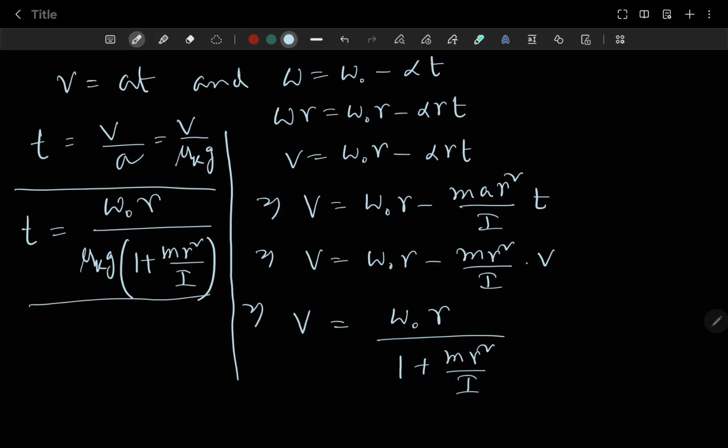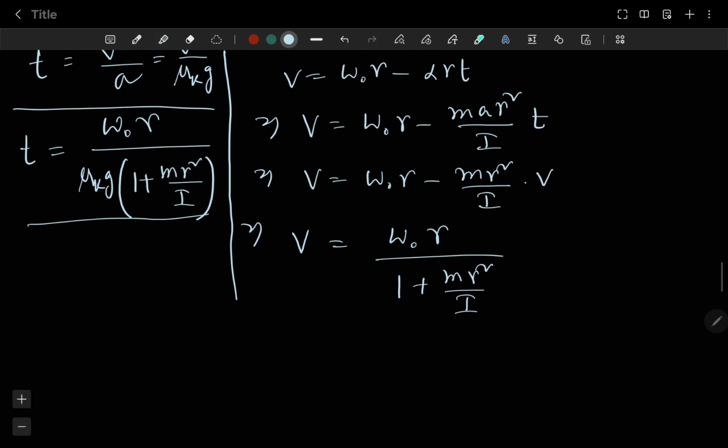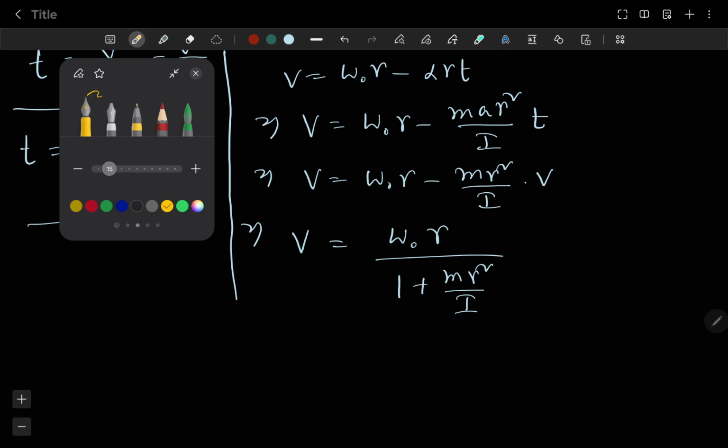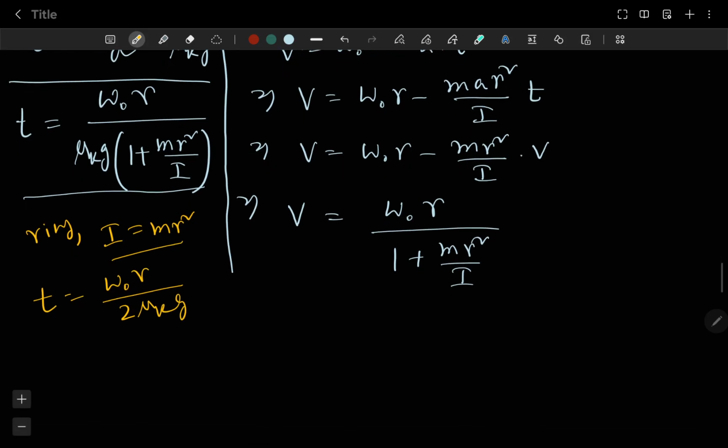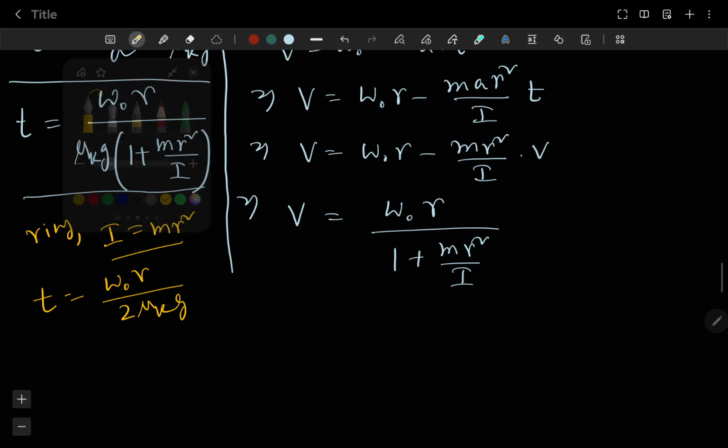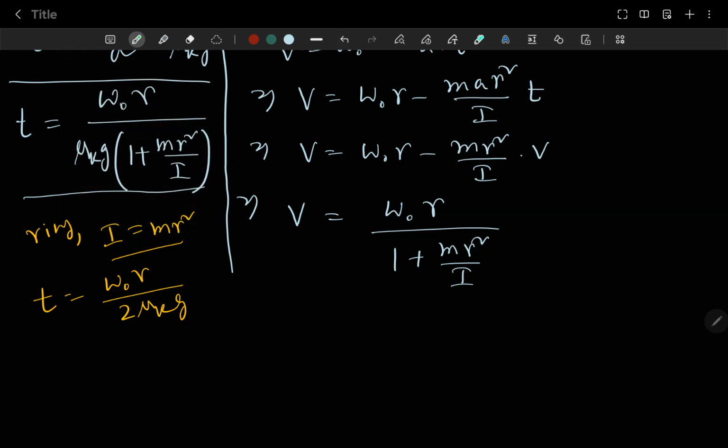Now you write for the ring. For the ring I is m r square. Okay, so t will be omega 0 r by 2 mu k g. Okay, and for the disk, I is half m r square.